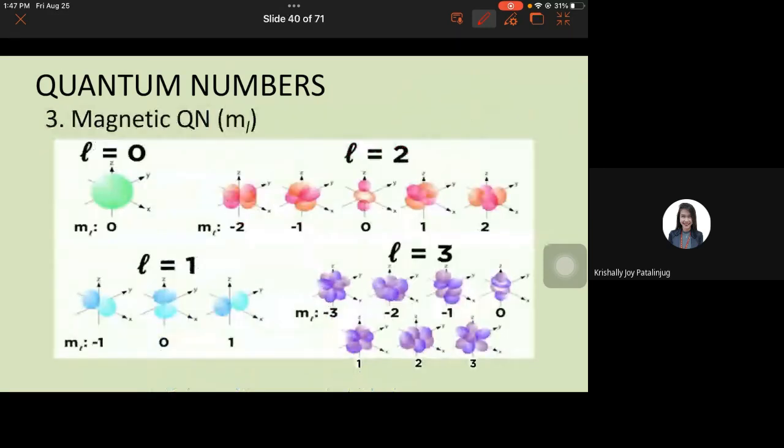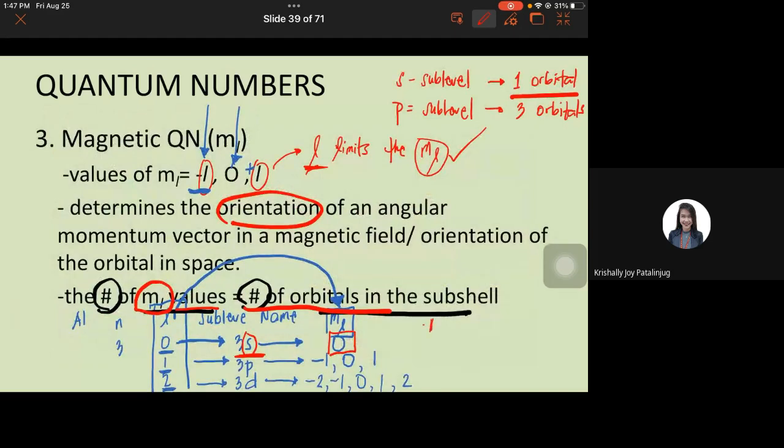So you write it, number of orbitals, 1. Again, the number of M sub L values that it resulted is also equivalent to the number of orbitals in that subshell. The subshells we are referring to are S, P, D, F.